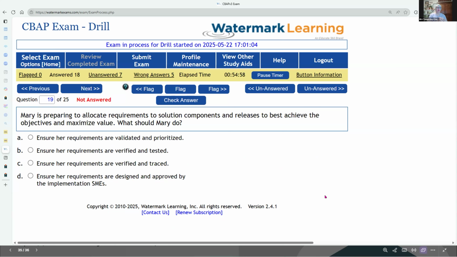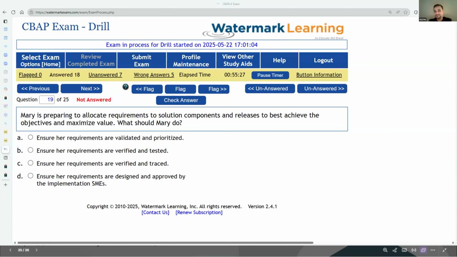Mary is preparing to allocate requirements to solution components and releases to best achieve the objective and maximize value. What should Mary do? So Mary is doing what task? Allocate requirements. Allocate requirements to solution components, unrelated. She's allocating the requirements, and that's an element of which task? It's the third element in. That was the question.